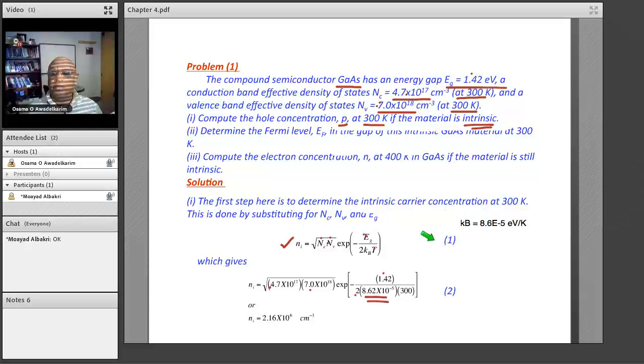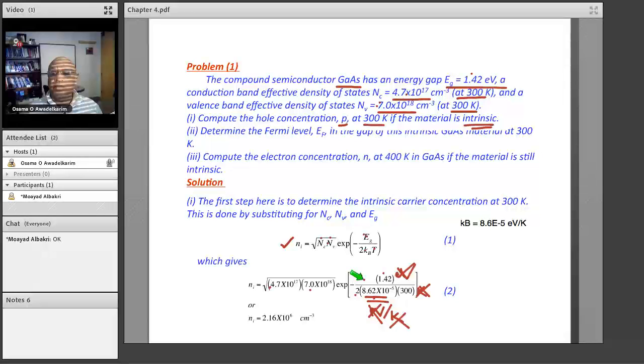Because the band gap is in electron volts, and this is always energy per temperature, so we choose electron volts per Kelvin, so that electron volts cancel with electron volts and Kelvin cancels with Kelvin, and you get a dimensionless exponent, as we should expect.